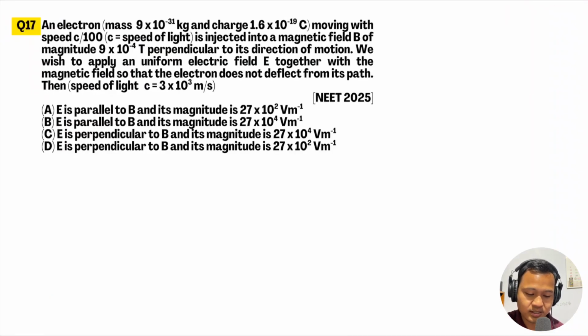An electron moving with speed c by 100 is ejected into a magnetic field B of magnitude 9 into 10 power minus 4 Tesla, perpendicular to its direction of motion.